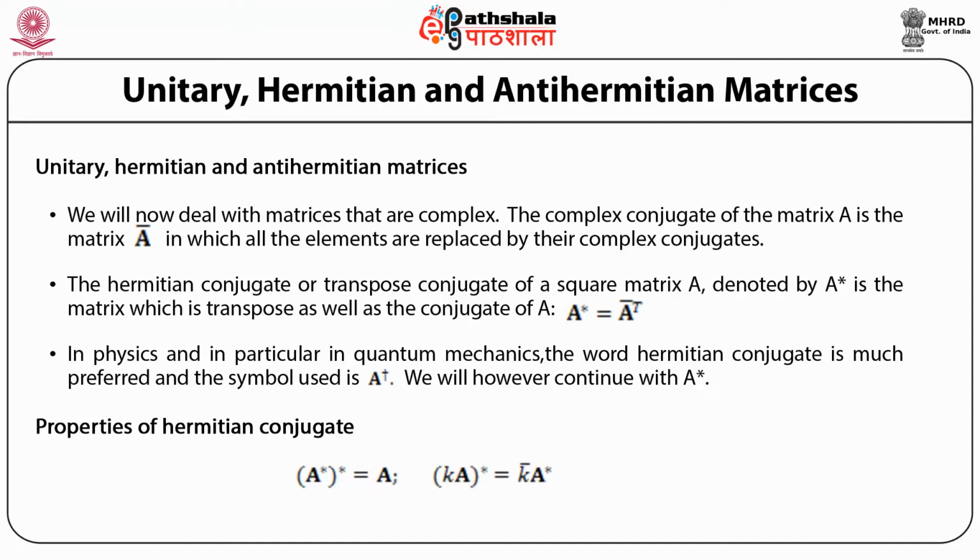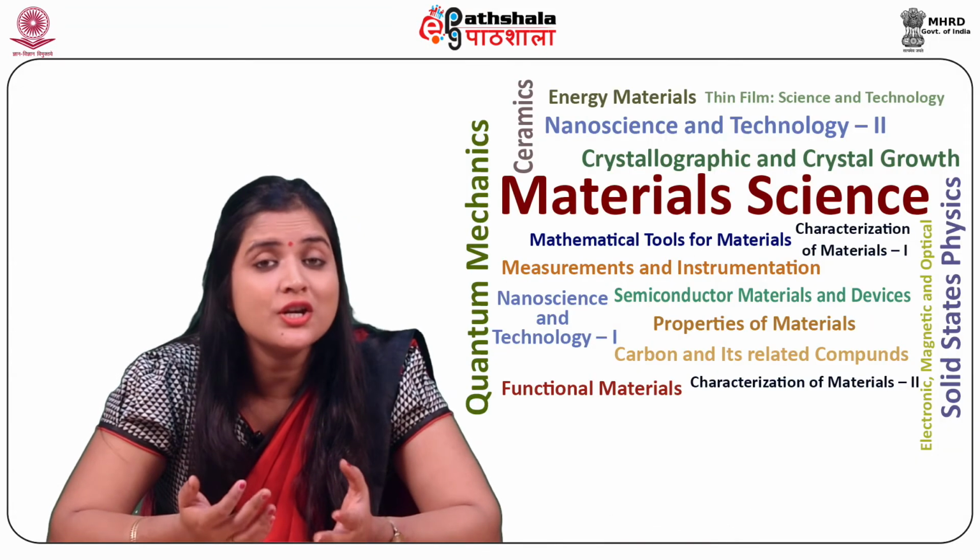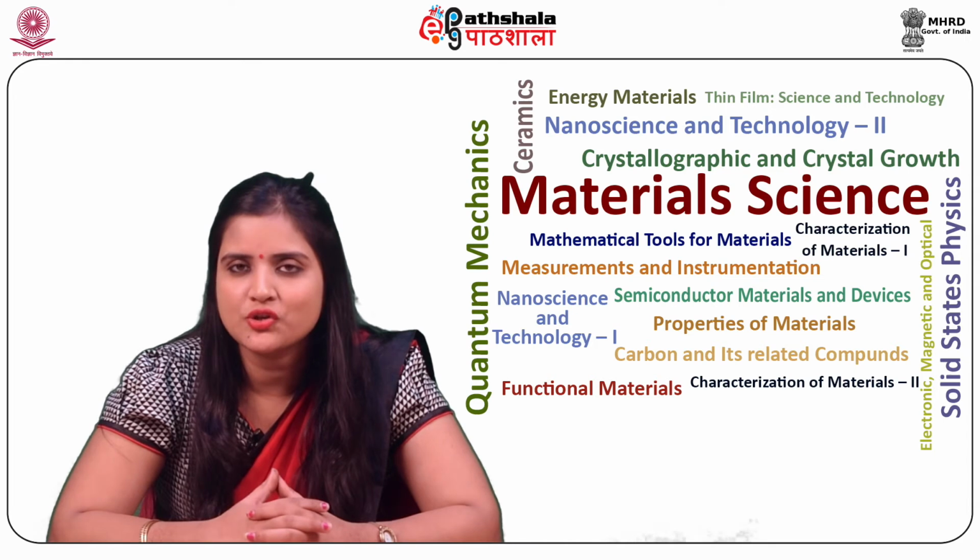Then the Hermitian conjugate of matrix k times matrix A is equal to k bar into the Hermitian conjugate of matrix A. The Hermitian conjugate of the sum of matrices A plus B is equal to the Hermitian conjugate of matrix A plus Hermitian conjugate of matrix B. Hermitian conjugate of the product of matrices AB is equal to the Hermitian conjugate of matrix B into the Hermitian conjugate of matrix A.